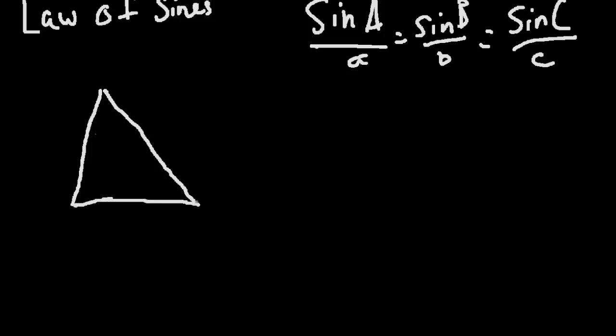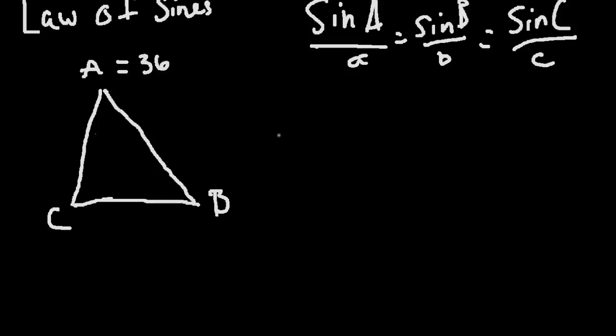We'll have angles A, B, C. Let's say we have angle A and B, and angle A equals 36 degrees.